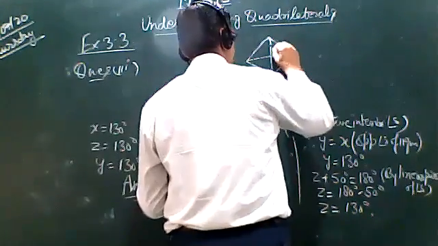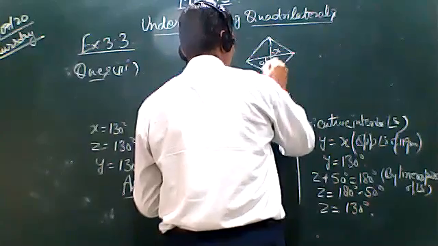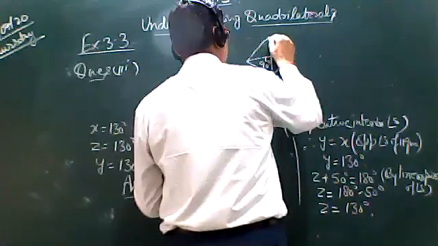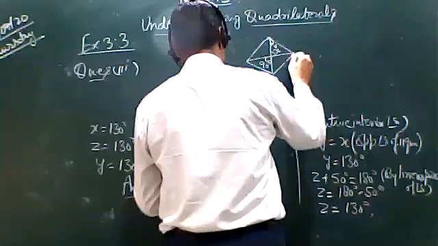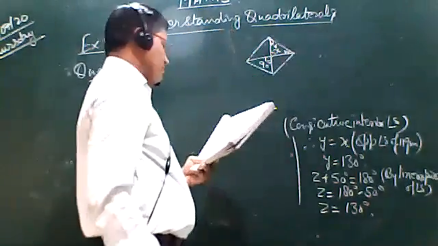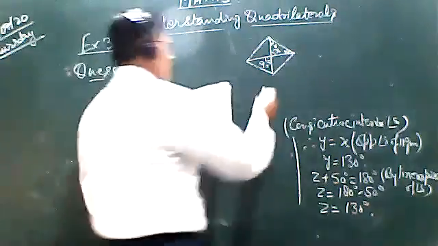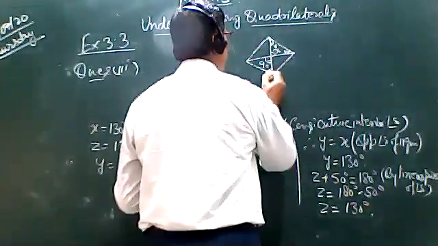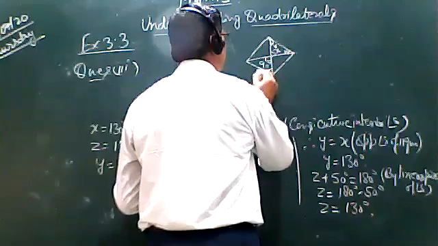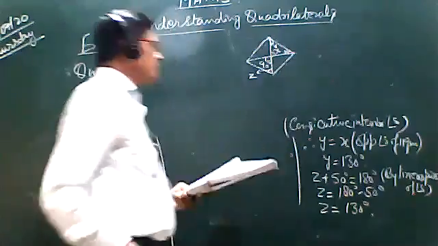This angle is x, and this is 90 degrees, the symbol of 90 degrees. This angle is y, and this angle is 30 degrees. Now we find the value of z, and this angle is z.